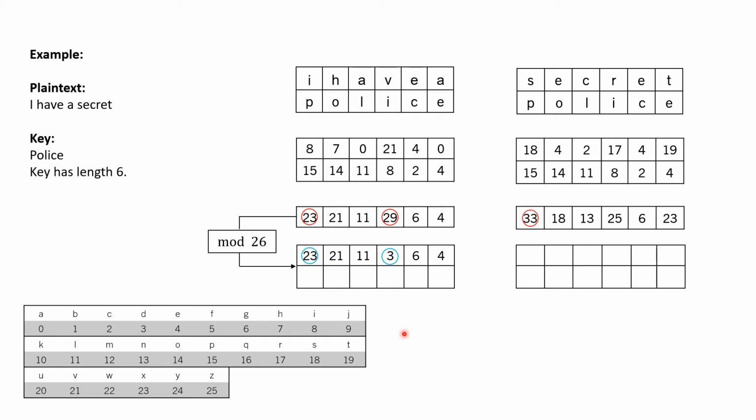Now, number 33 again has a value that doesn't exist in this table, but we ask ourselves, when we divide 33 by 26, what do we get as our remainder? The answer is simply 7.